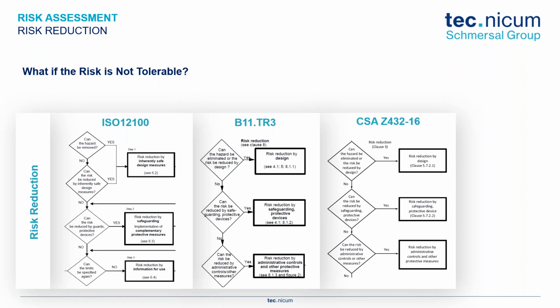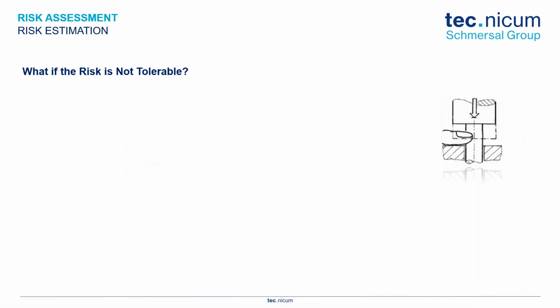Let's look at a practical example. We can look at a part of a machine, and we see that there is a cylinder moving up and down. Let's do a 10,000-foot view risk assessment right now for this webinar.